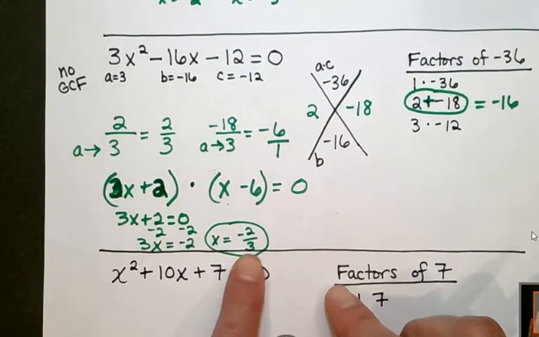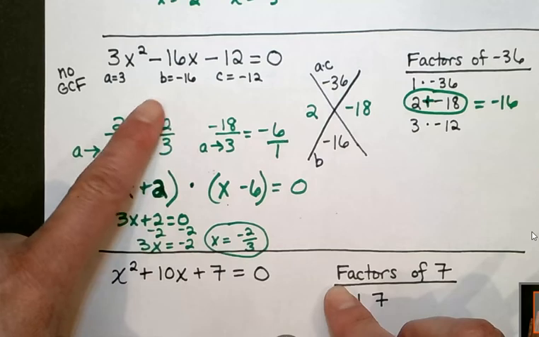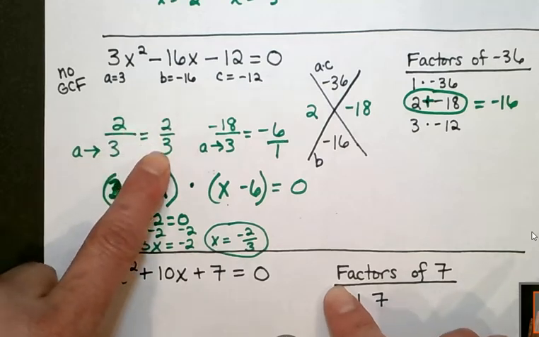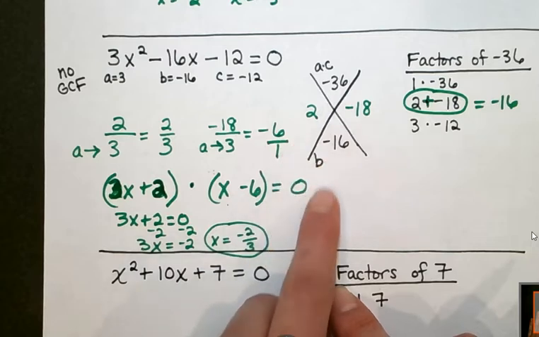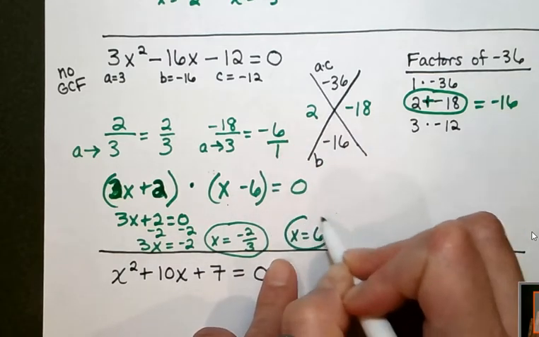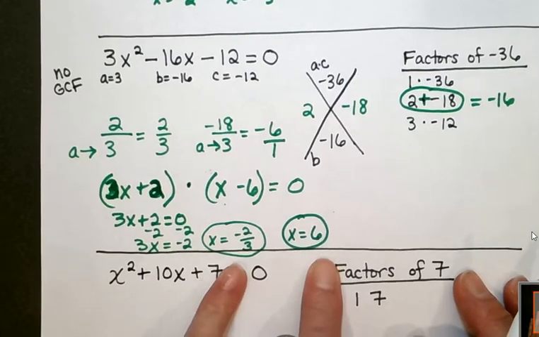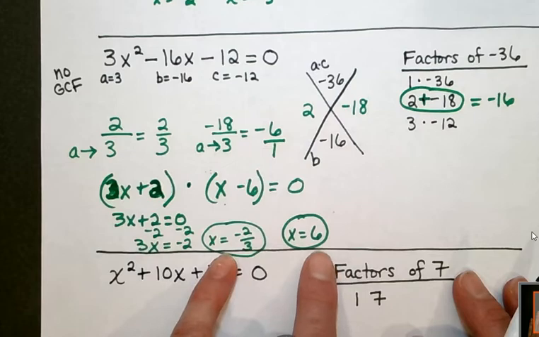Notice our solution is just the opposite sign of this value here. So if we think here, this value here was negative 6, our solution is going to be the opposite of that. So this would be x equals positive 6. So if you want to, you could stop at this point and just change the signs to get the solutions.